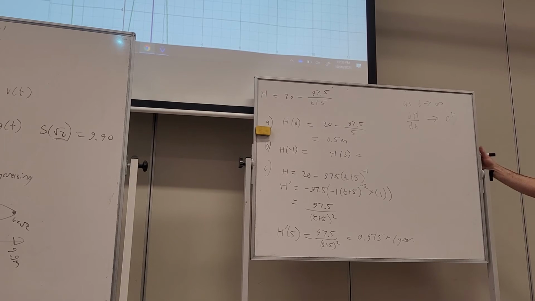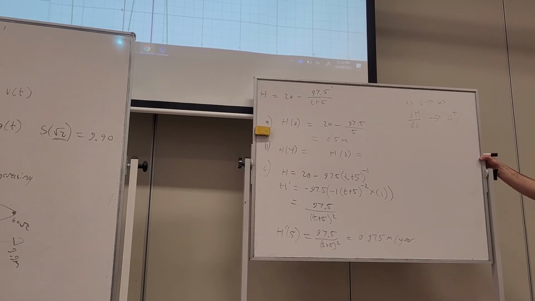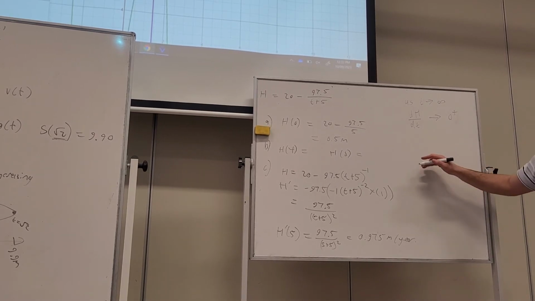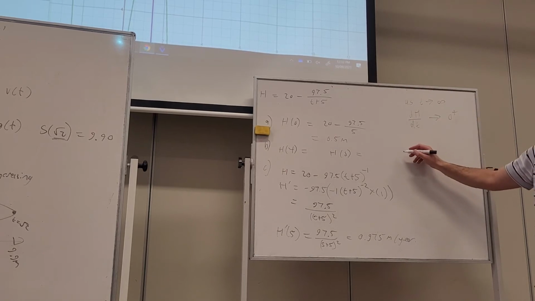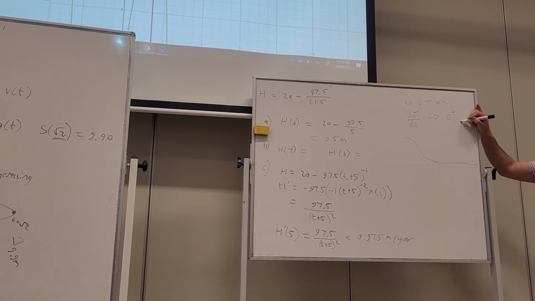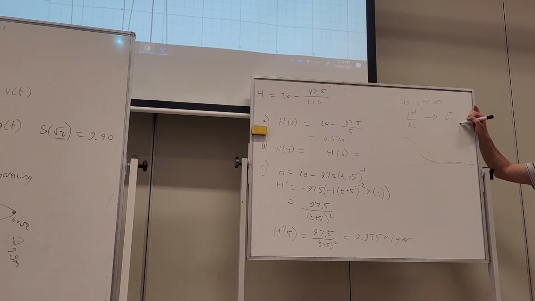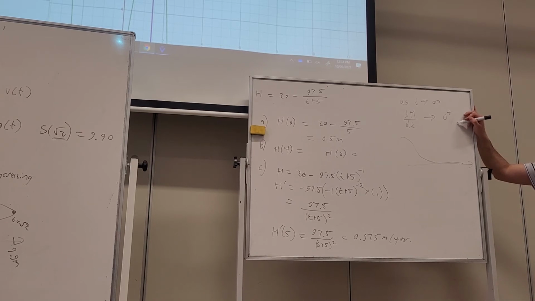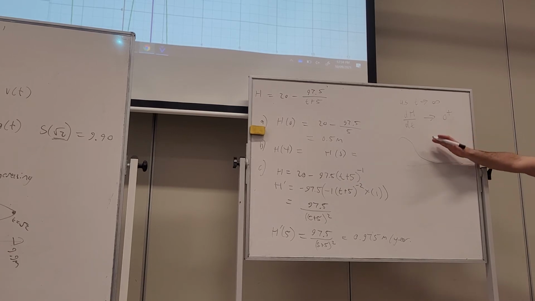If you graph the derivative function, it's going to get closer and closer to the x-axis. But the point is it's always positive. The rate of change is always positive. What's the significance? The tree is always growing. It's never shrinking, it doesn't have negative growth.